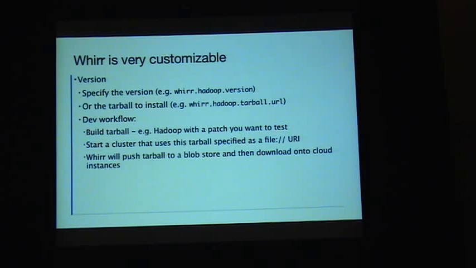So that file is on my local laptop, and Whirr will then realize that it's a local URL, push it into a blob store, and then when it starts the cluster, each node in the cluster will download that tarball from the cloud and use that as the installation. So you can very quickly test changes that you make to the system in the cloud.